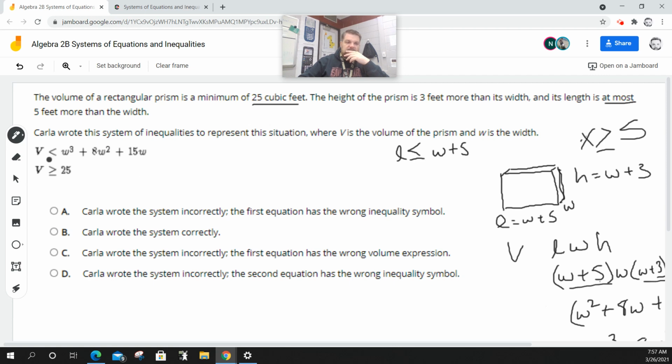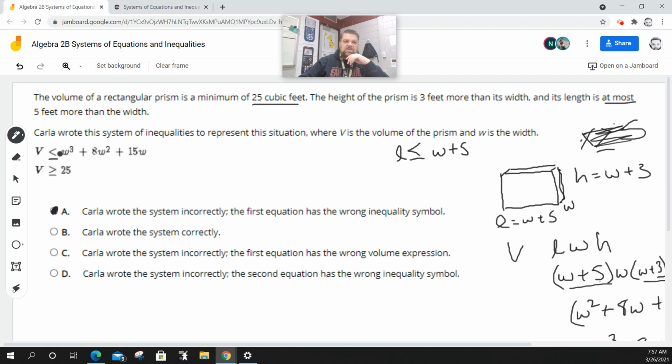I think this inequality is incorrect because you have to have the equal sign. Because when it says at most, you could include the 5, right? So it's the first equation is wrong because you need the equal sign, right?